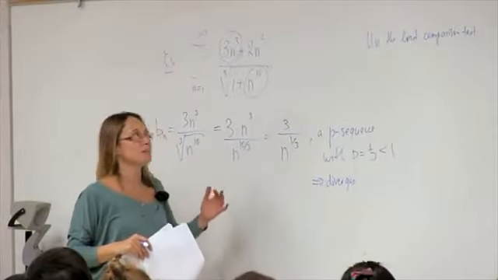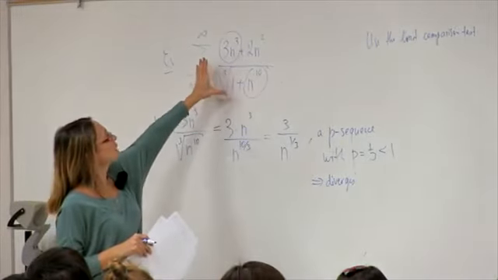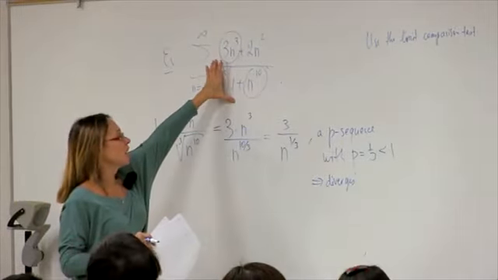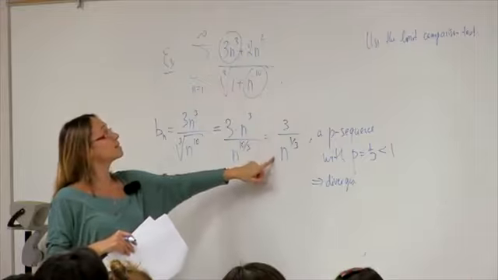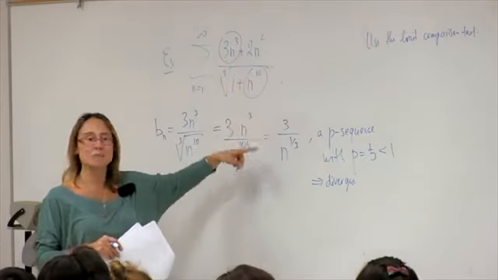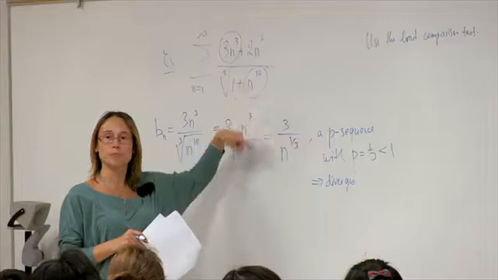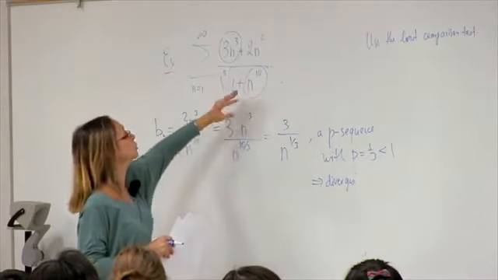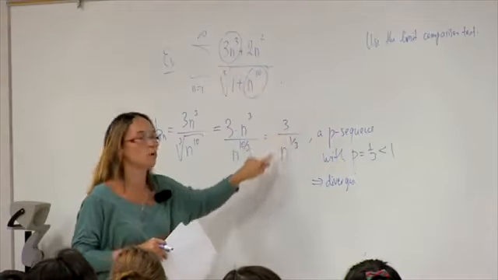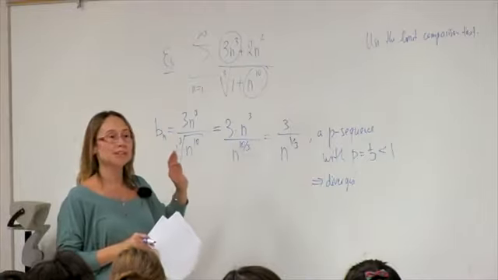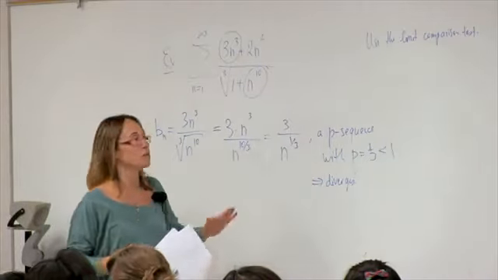The first comparison test, we would have to prove that these terms are smaller than these. And this is a very difficult task because the functions that are involved are horrible. It would be a lot of work to show that something like this is always smaller than something like this. Now, when you take the limits, it becomes easier, as you will see.